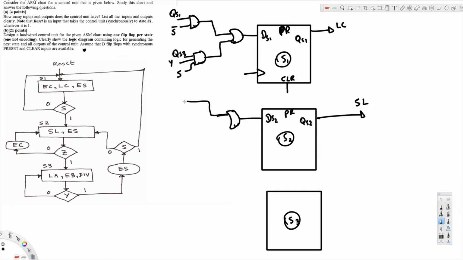and an AND gate connected to it, QS2, C bar, and another AND gate connected to this one, that is QS3, Y, and S bar.